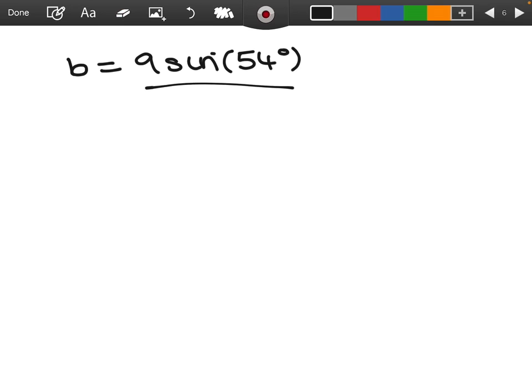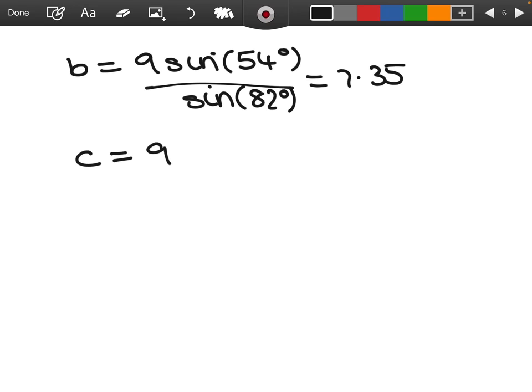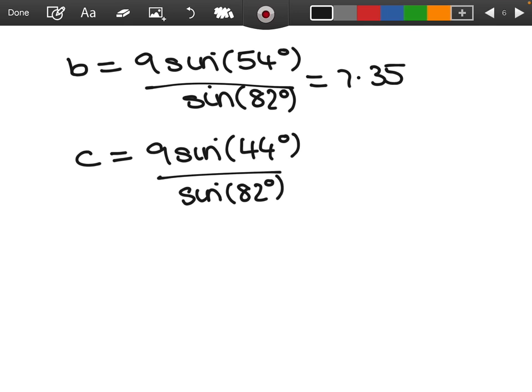B is going to equal 9 sine 54 degrees divided by sine of 82 degrees, which comes out to 7.35. And C is going to equal 9 sine 44 degrees divided by sine of 82, which comes out to 6.31.